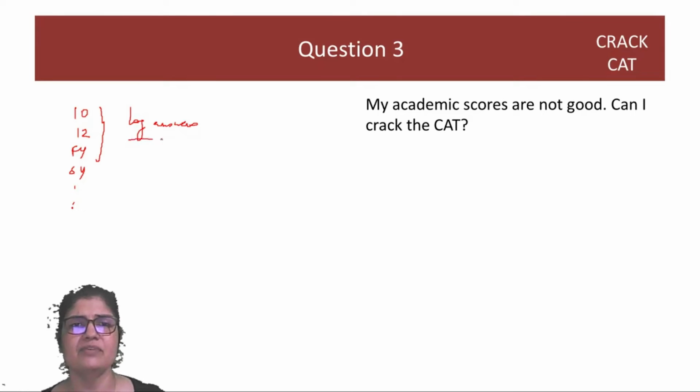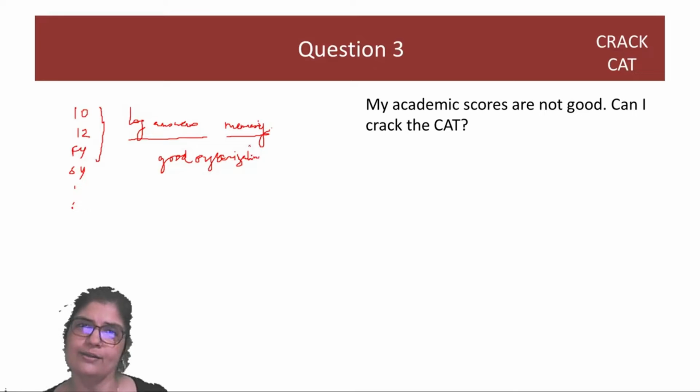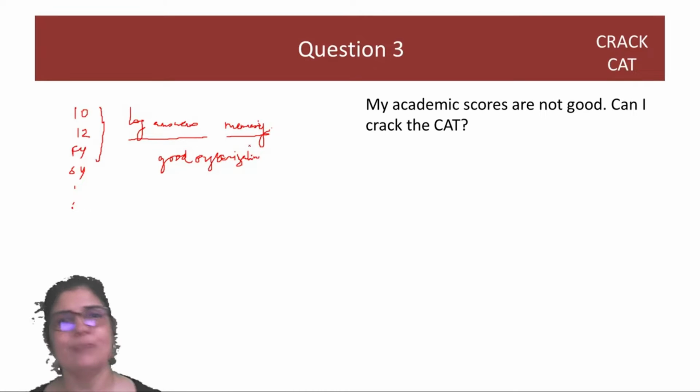They require a different skill. They require memorization sort of skills. They require good organization in your answers, good structure. And a lot of times the teacher has something in mind, and if you don't reproduce that, you are gone. But in CAT there is nothing like that.